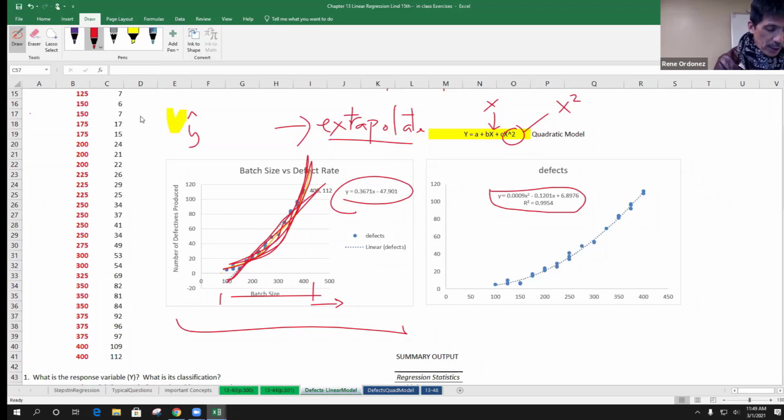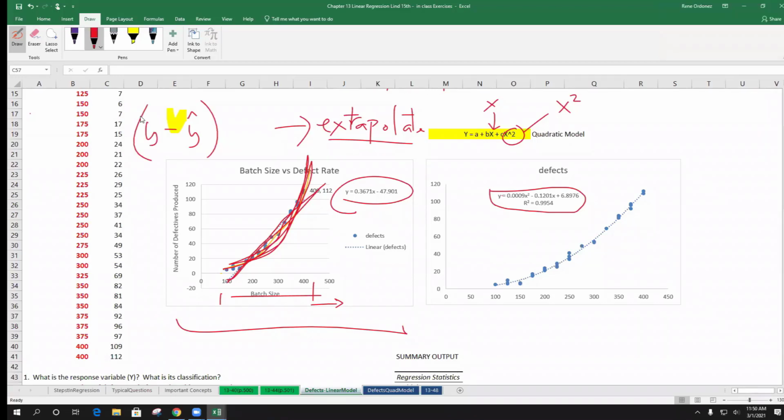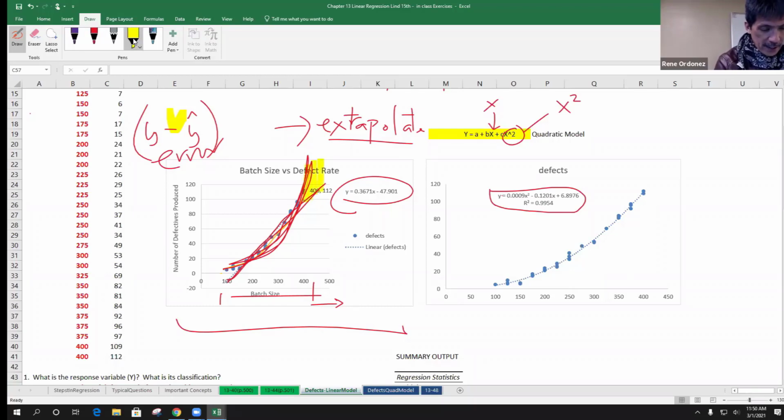Any point on this line would be your y hat. What would be the difference between y and y hat? So this is the error. It would be, the actual number would be higher than the predicted one. Correct. But if you look here, the error gets bigger and bigger, right?